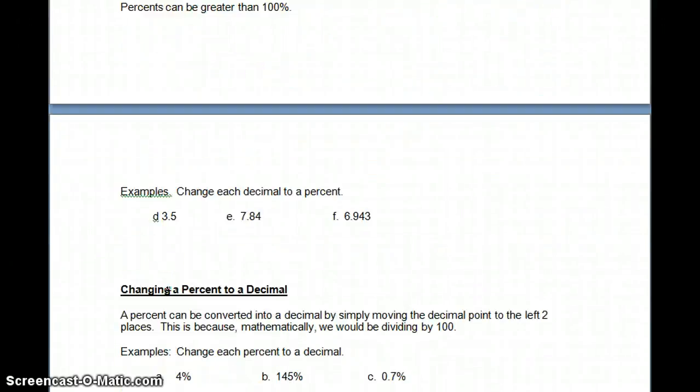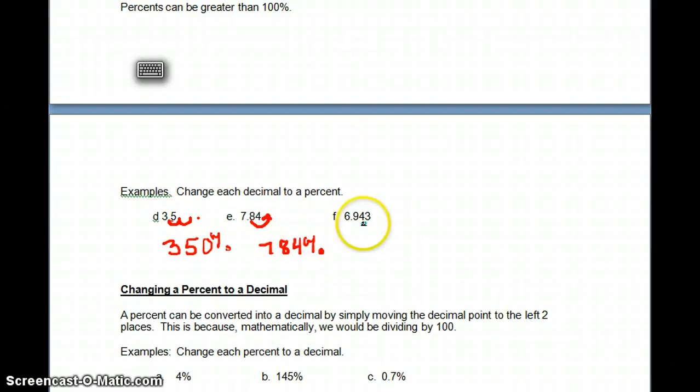I apologize. So when we change these ones to a percent, we're going to move over 2 places. So now we have 350%. We move this one 2 places, we have 784%. And 2 places there, we have 694.3%. So percentages can be larger than 100 or smaller than 100.